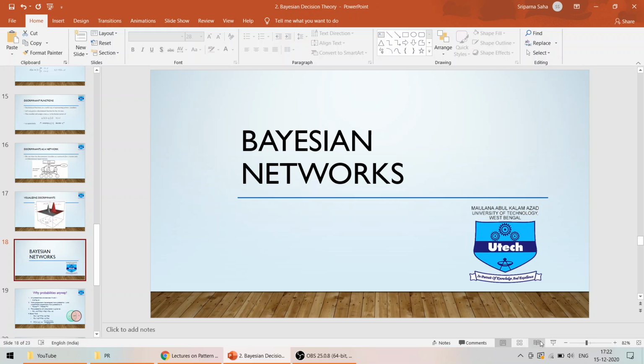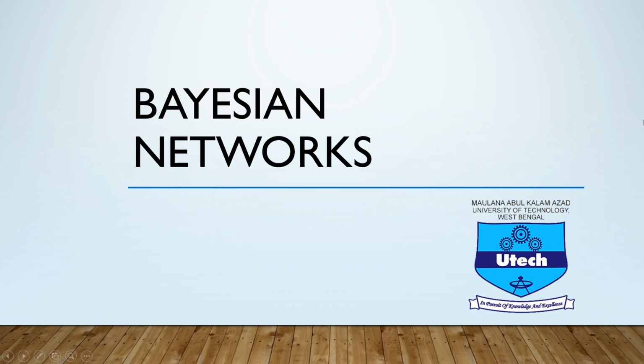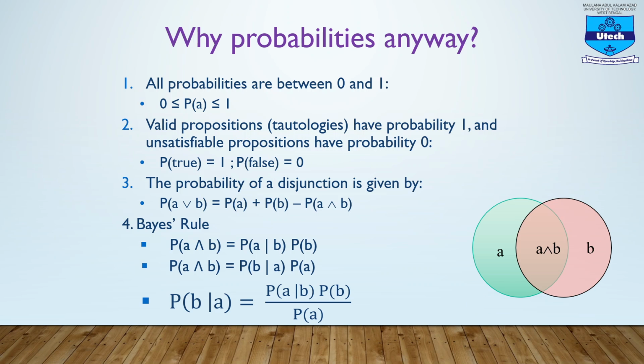Today it will be about the Bayesian network, which is based on the concept of probability. So let us recapitulate some of the fundamental knowledge about probability. All probabilities are between 0 and 1.